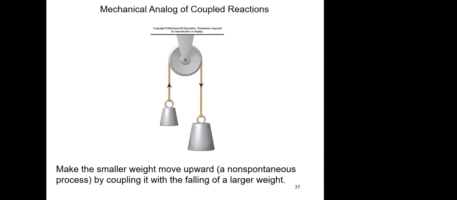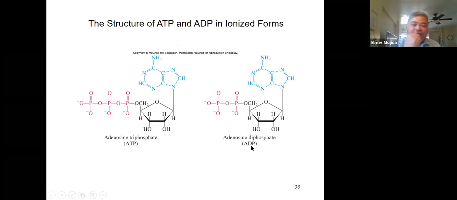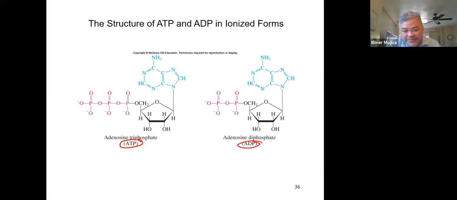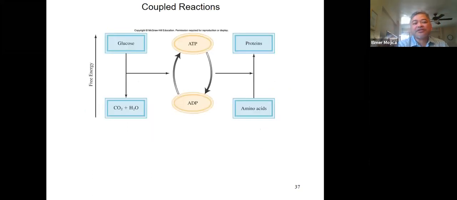So if you have that reaction, this is the ATP, and this is the ADP. We have a lot of phosphates in our body. The difference between the two is just one phosphate. Now, what is this coupled reaction? We have a non-spontaneous process being run by the energy produced by a spontaneous process.